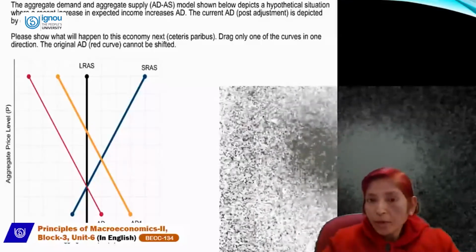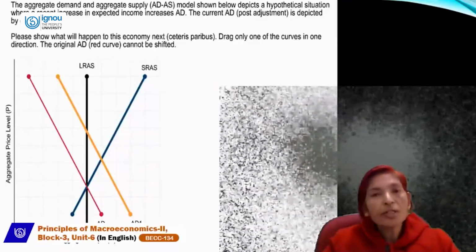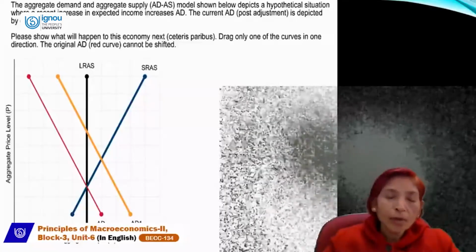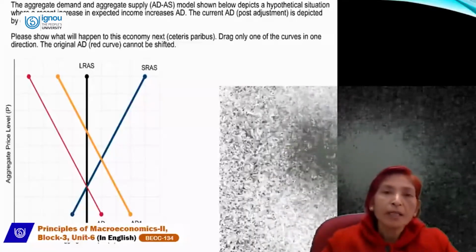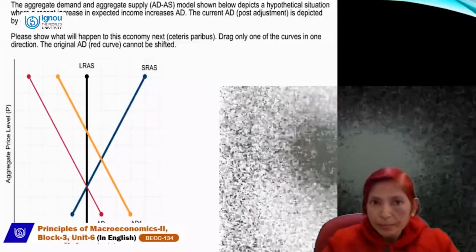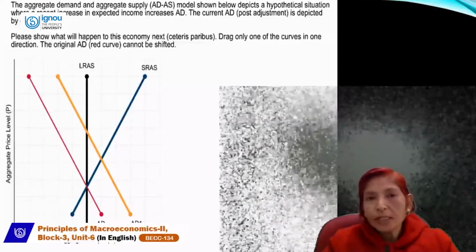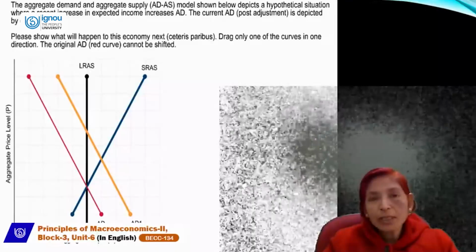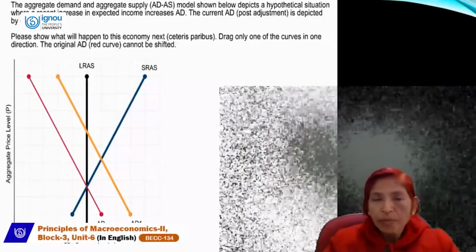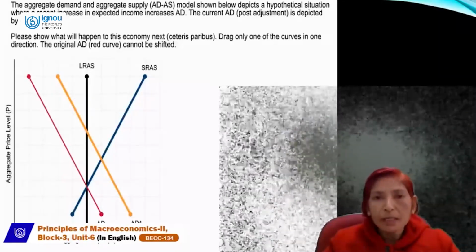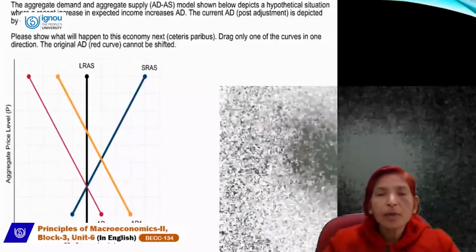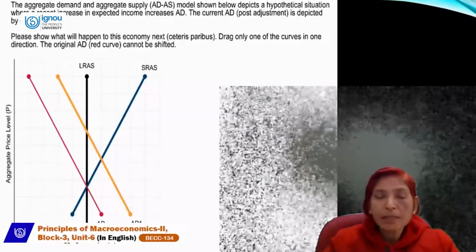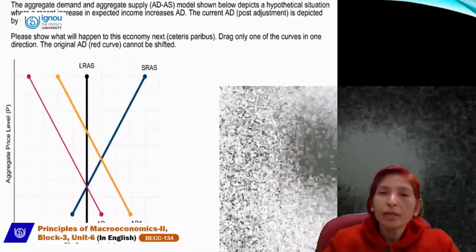And monetary policy can also shift the aggregate demand curve. Monetary policy is that policy which is made by the Reserve Bank of India, and the Reserve Bank of India can increase money supply and can also decrease money supply, because the whole money supply is controlled by the Reserve Bank of India, and RBI is the apex institution of monetary authority.